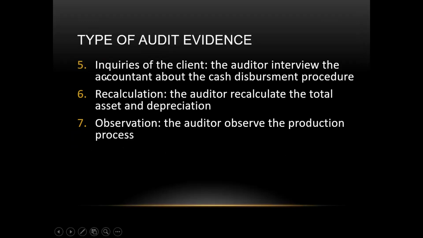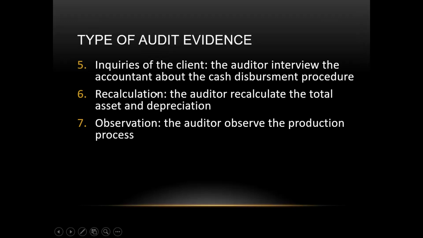The next audit evidence is inquiries of the client. Here, the auditors conduct an interview with the accountant about the cash disbursement procedures. So if the auditor conducts interviews with people in the company, such as the manager or other employees, that is called inquiries of the client.